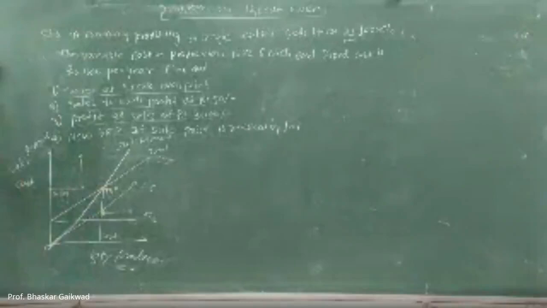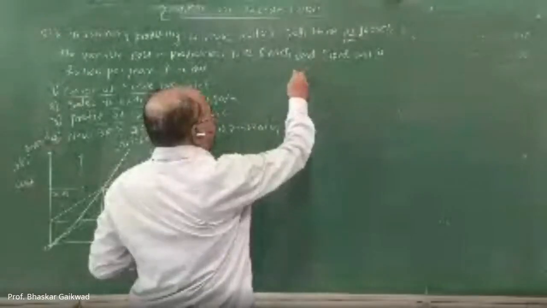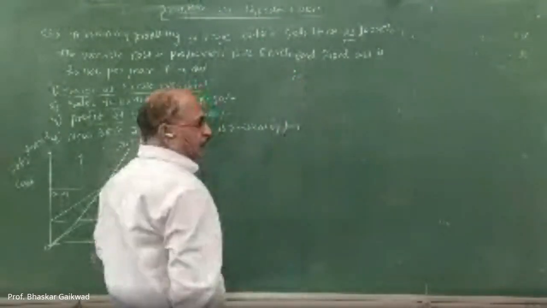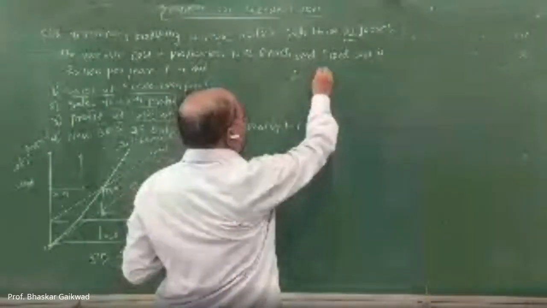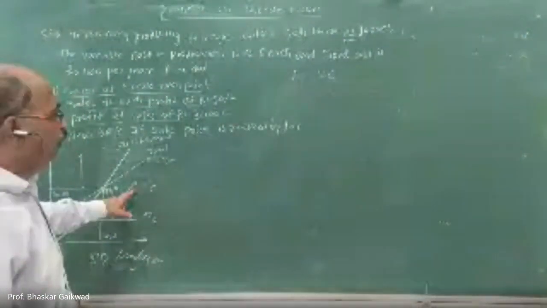Now from this graph, what equation have we got? Fixed cost plus variable cost.